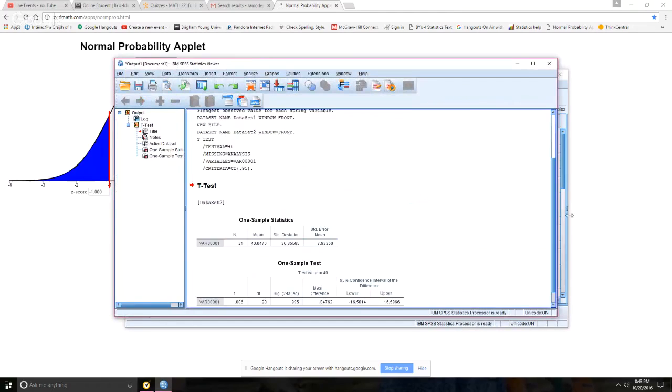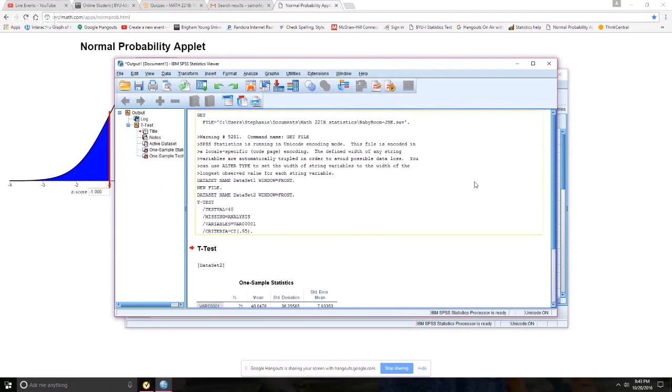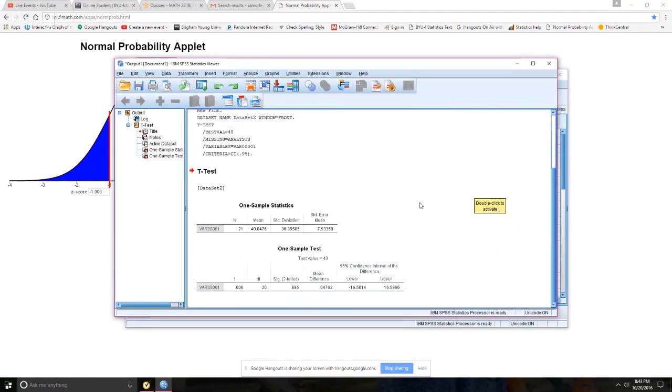Okay, so here is our data. Let me read the instructions again from the book. It says, when u is not 86.6, the p-value is the area in the two tails beyond the test statistic t.